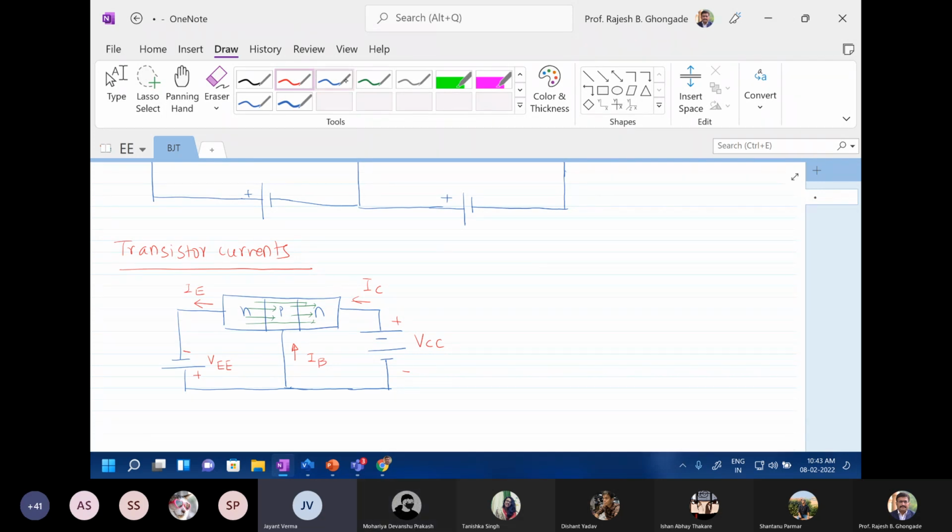Yes, sir. In a similar way, I can show the current directions in PNP device also. So ये है P, N and P. इसको हम क्या करेंगे? इसको फॉरवर्ड बायस करेंगे.